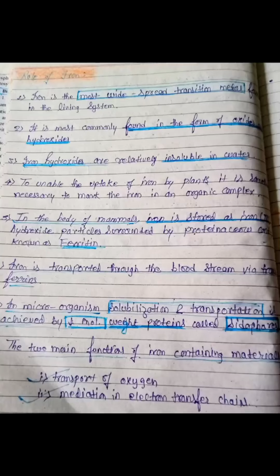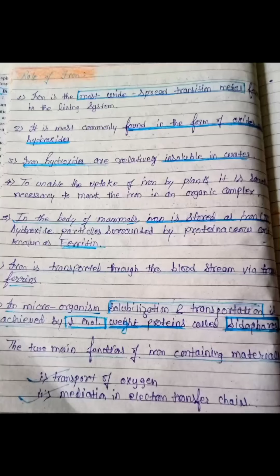In the body of mammals, iron is stored as iron 3 hydroxide particles surrounded by proteinaceous shell known as ferritin. Iron is transported through the bloodstream via transferrin. In microorganisms, solubilization and transportation is achieved by low molecular weight proteins called siderophores.